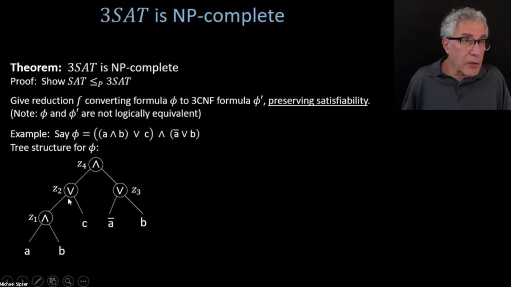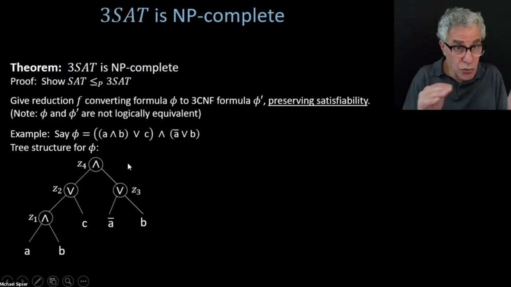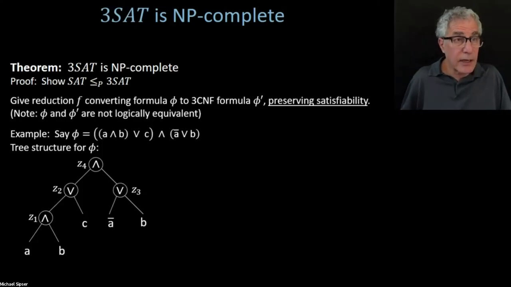And I'm going to label all of these intermediate nodes, which are associated now with operations. And I'm assuming also that the formula is fully parenthesized, so that each operation is applying just to two inputs. It's a binary operation.